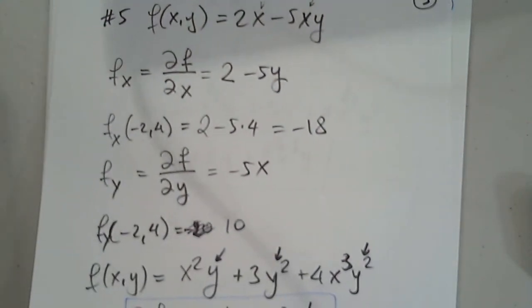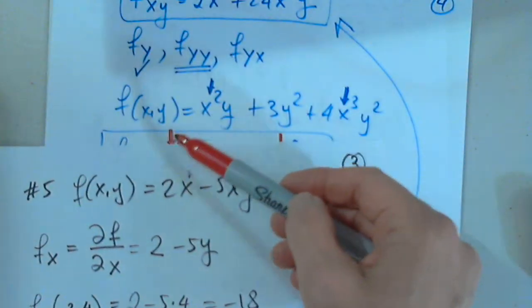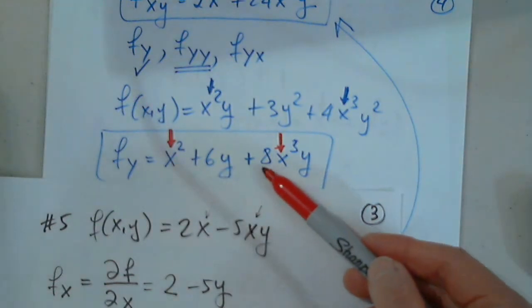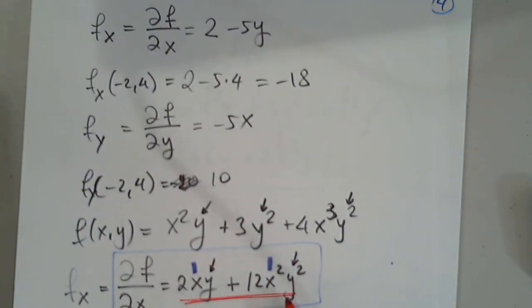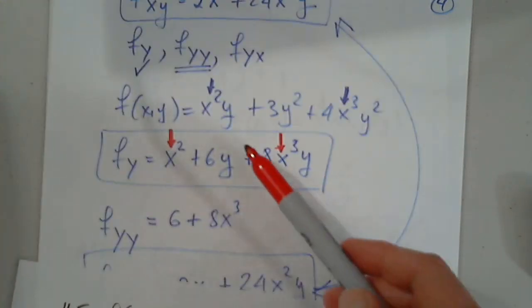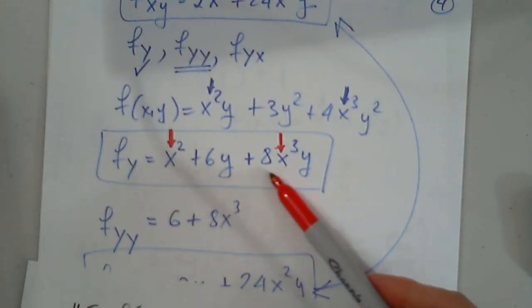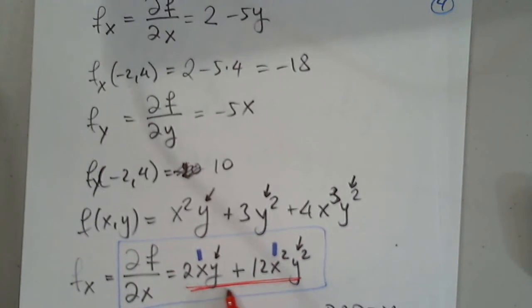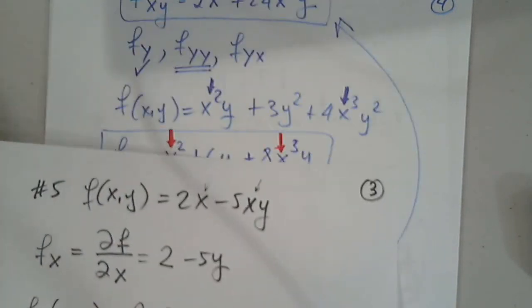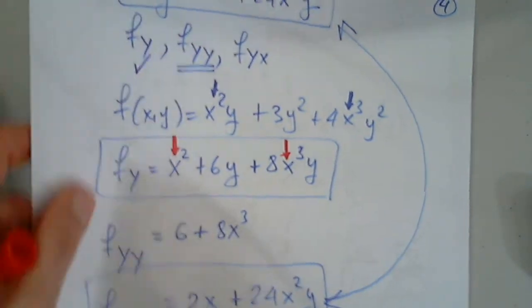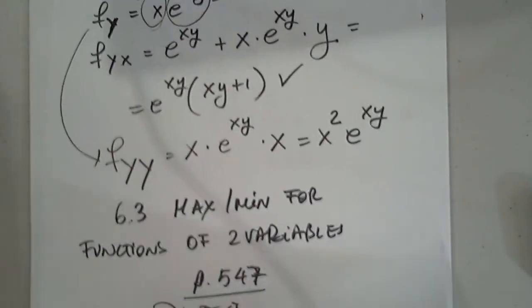There is nothing, no connection whatsoever. So x squared plus 6y plus 8x cubed y, 2xy plus 12x squared y squared. So this is fy, and this is fx. No connection. Good question, thank you. Where am I now?